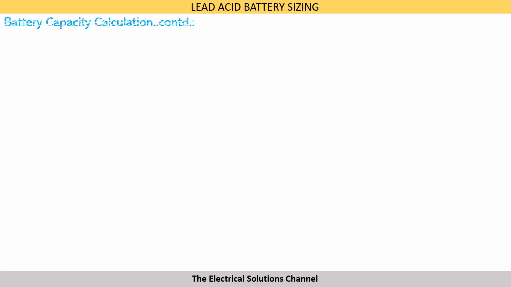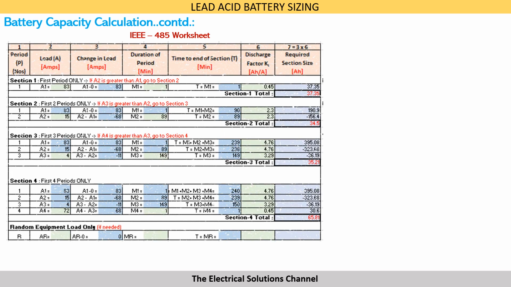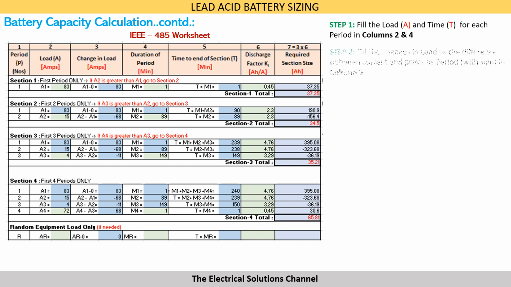We will now use the worksheet provided in IEEE 485 to calculate the battery ampere hour capacity in a step-by-step manner. In step 1, we will fill the load and the duration of each period in columns 2 and 4. Then the change in loads as the difference in current and previous period is filled in column 3.